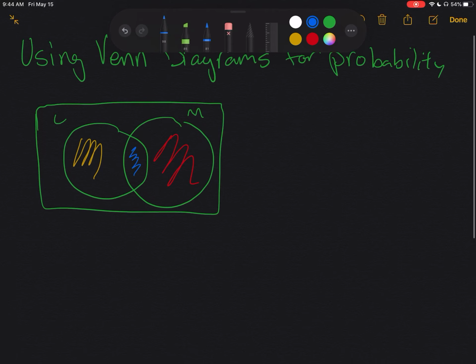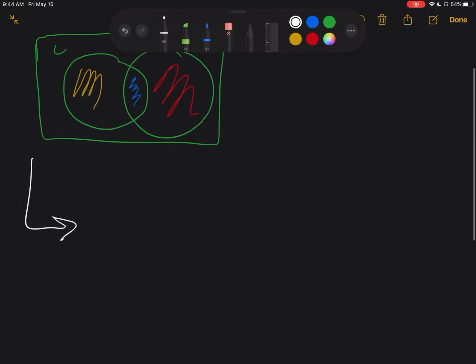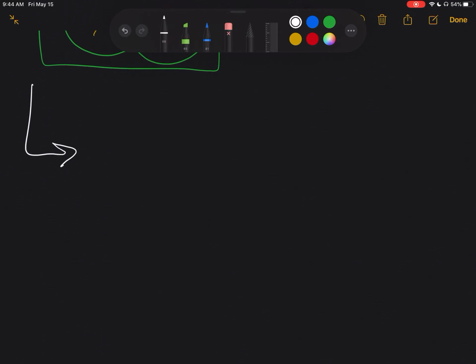So let's look at an example. I'm pretty much going to use card decks today, so hopefully you guys are up to date on your card decks. But let's say that I wanted the probability that I get a face card or the probability that I get a spade.